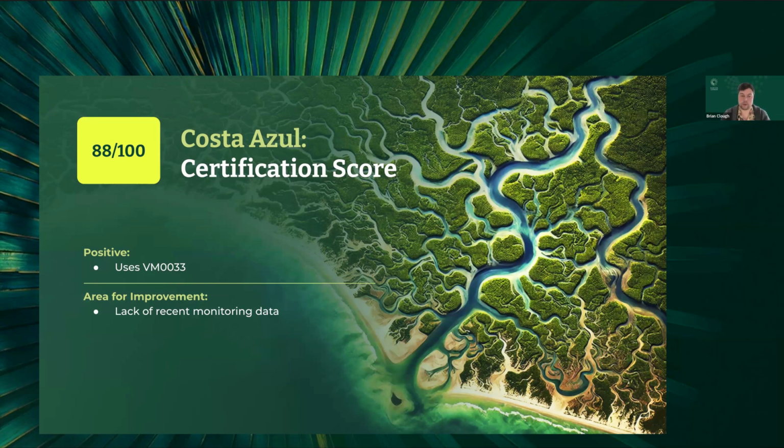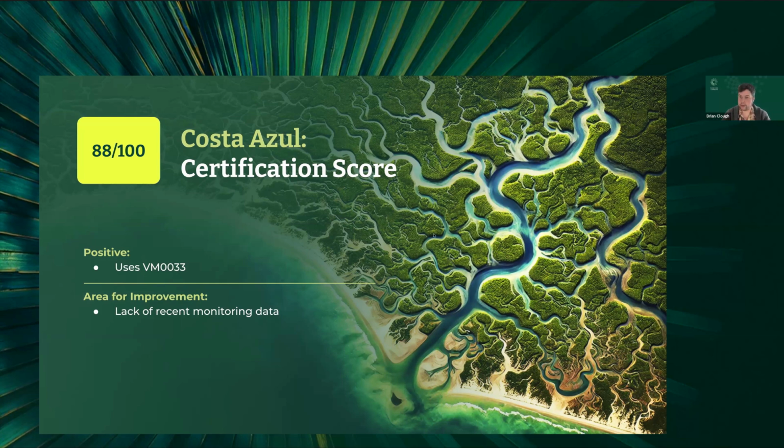But the biggest issue here is simply a lack of more recent monitoring data. Some datasets exist from the project area from 2021, but nothing more recent than that. To really score a project very high for certification, we're looking for a really consistent monitoring cadence, at least on an annual basis. So that's the rationale for the score there.